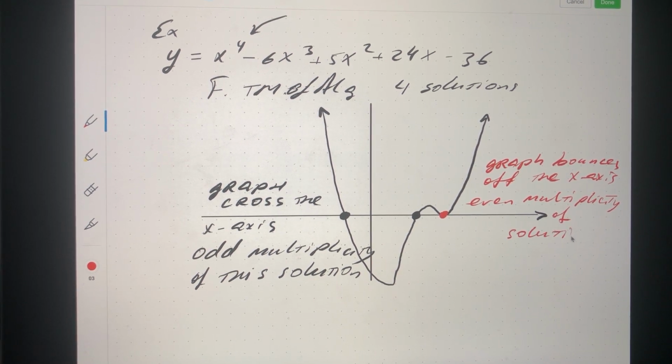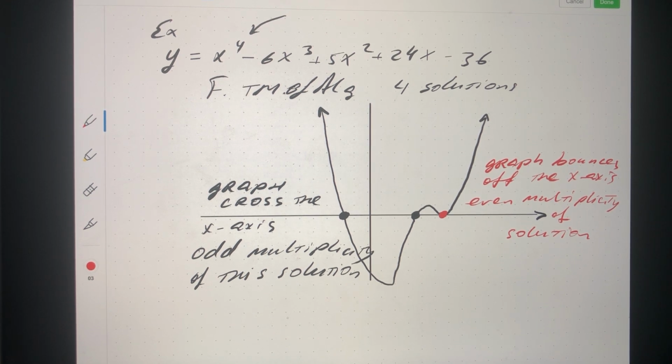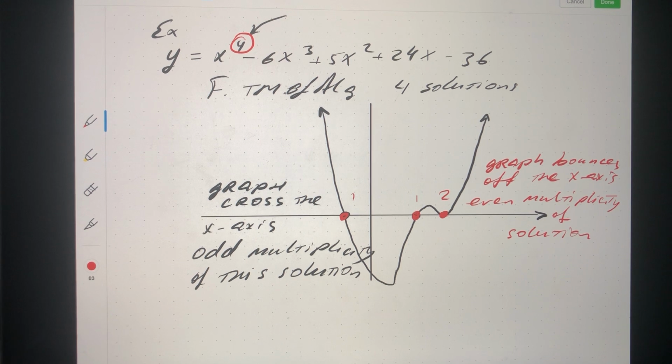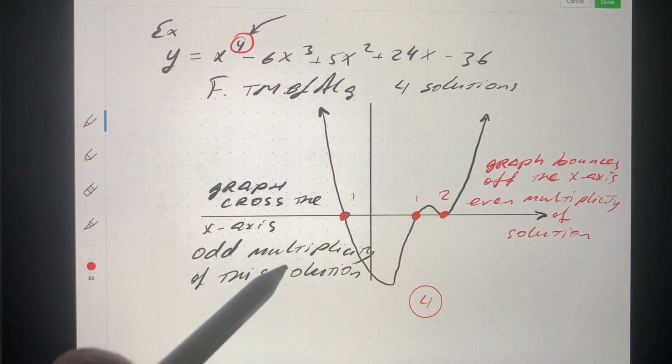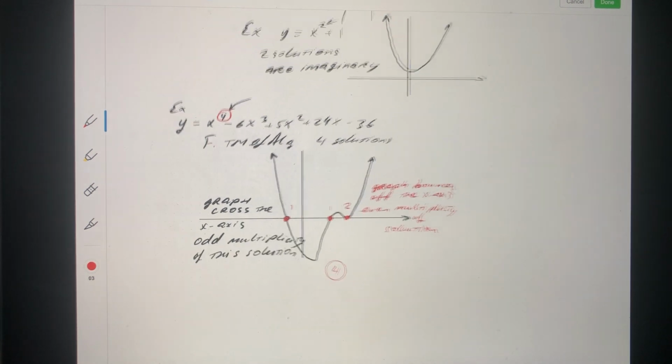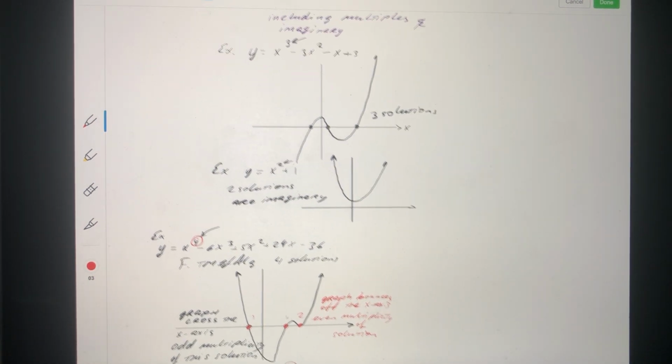So this point could happen 2 times, 4 times, 6 times, any even number. Since we have 4 solutions, what really happened is we have this point once, this point once, and this point twice, 1, 1, and 2, that's a total of 4 solutions. We'll discuss how to find these numbers in a different video, but this is just what the Fundamental Theorem of Algebra can do for us.